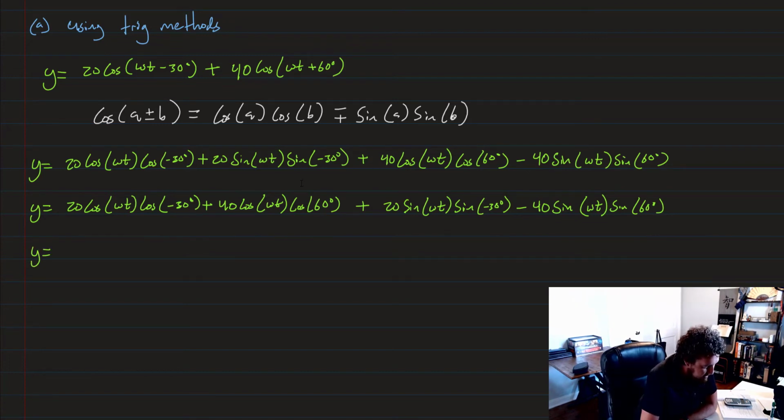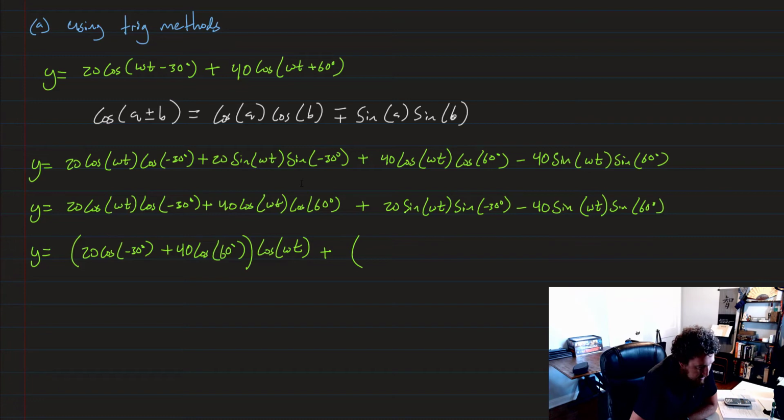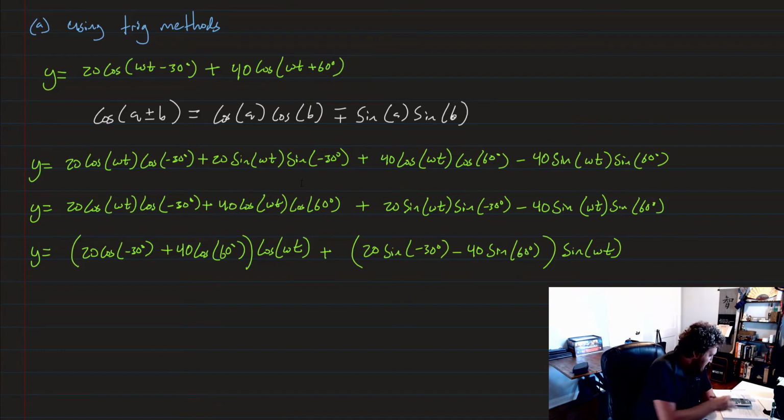So let's do this. Y is equal to, let's put in parentheses, 20 times the cosine of minus 30 degrees plus 40 times the cosine of 60 degrees, times the cosine of omega t, plus 20 times the sine of minus 30 degrees minus 40 times the sine of 60 degrees, and that's times the sine of omega t.